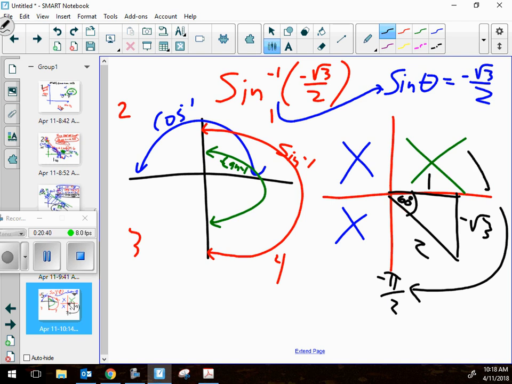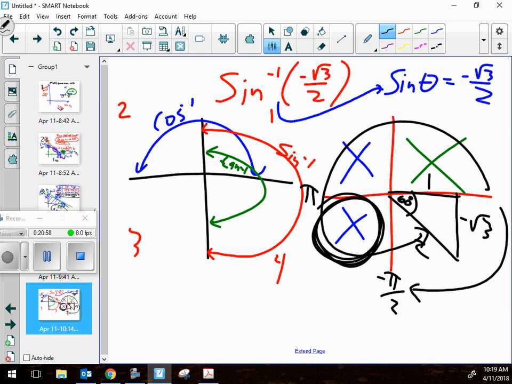So if you were tempted to give this answer of all the way around to here, which would be a whole bunch of pi over 3s, that would have been 5 pi over 3. 5 pi over 3 is wrong because you can't ever have an answer bigger than pi. Because remember, pi's the farthest that you can go. This is the dead zone. You can't go past pi. There you go. All right.